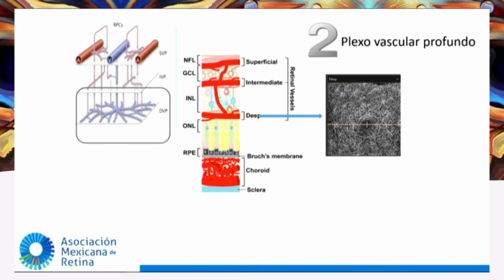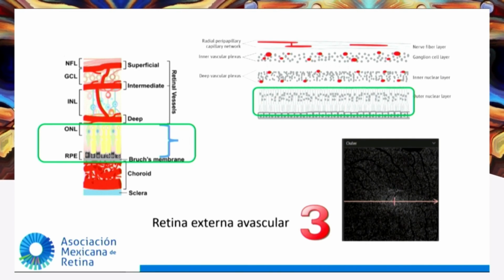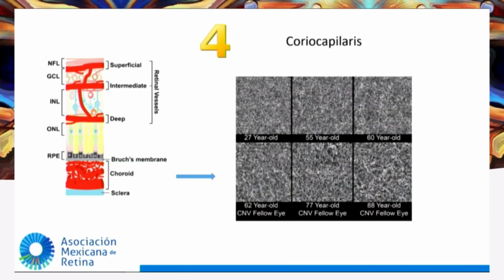And this is why we see this arachnoidal image. Here, the vascular arcades disappear, and this is how we see the deep vascular plexus. The avascular one, this one, it is avascular. There are no blood vessels, so we get to see an image with total decorrelation.